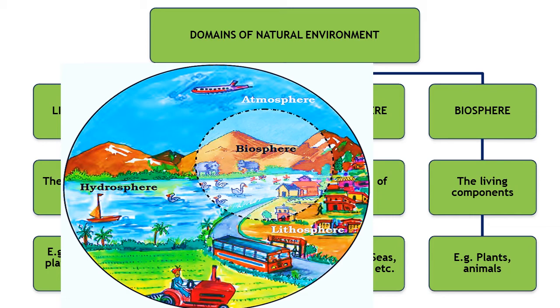In hydrosphere also there is life. There are aquatic plants and animals which are found in water. And then in atmosphere, in air also we see life. Bacteria is there. So in all three spheres there is biosphere. So biosphere is that narrow zone where all three spheres meet and where life exists.